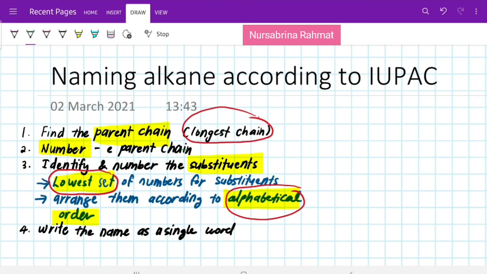You arrange the substituents in alphabetical order first, and secondly, you need to make sure it has the lowest set of numbers. For example, 5,4,6 versus 2,7,6, definitely 2,7,6 will win because 2 is smaller than 5. And lastly, you need to make sure you write down the name of the compound as a single name. We use commas to separate numbers, and we use hyphens to separate the names of the substituents.